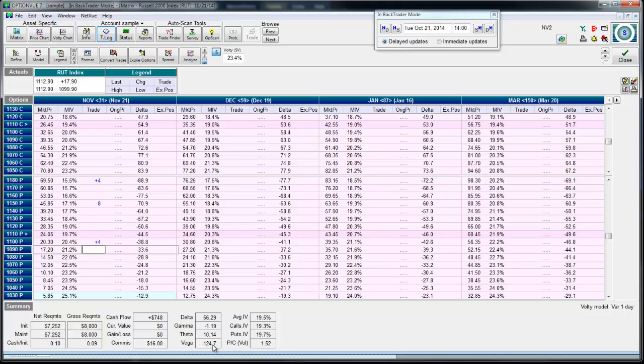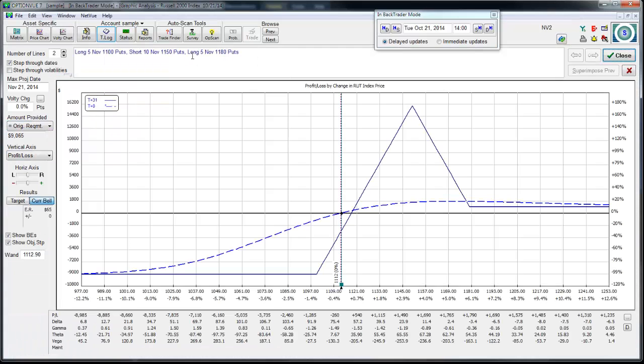See, now we're going to try and take advantage of that decline in volatility while still leaning heavily bullish without taking a straight up, actually let's do 5, 10, and 5. Without taking a straight up directional long call, and this is what that looks like, all right?